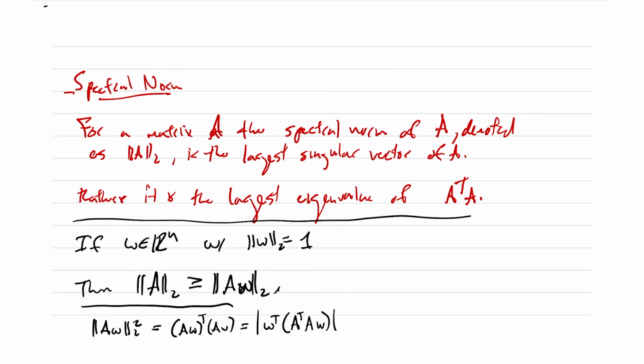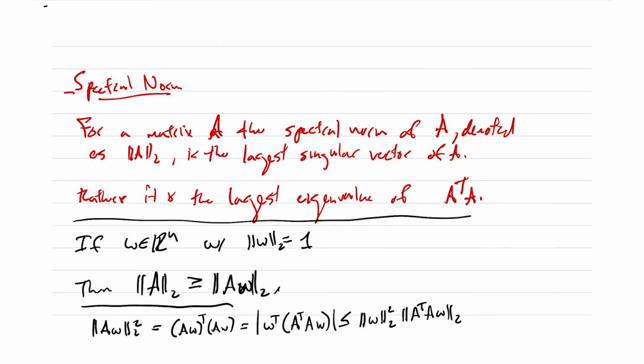Then I can use Cauchy-Schwarz and say this is less than the norm of W squared times the norm of A transpose A W.